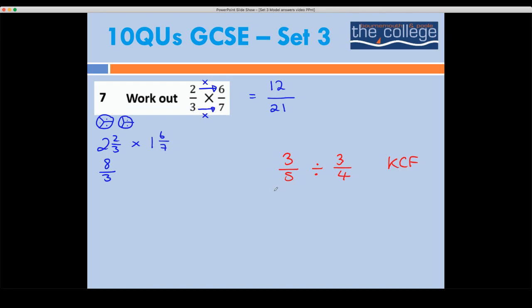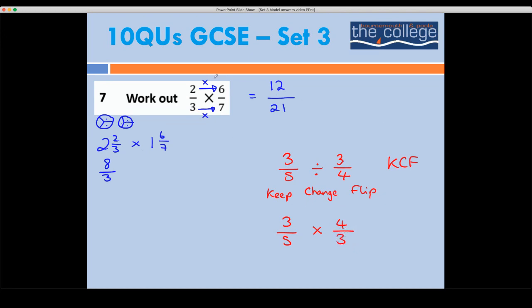You're going to keep this one as it is, you're going to change the sign to its inverse, and you're going to flip this part over. So we keep this, we get 3/5. We change that division sign to multiplication. We flip this fraction over, we get 4/3.